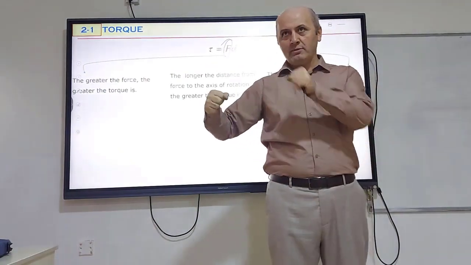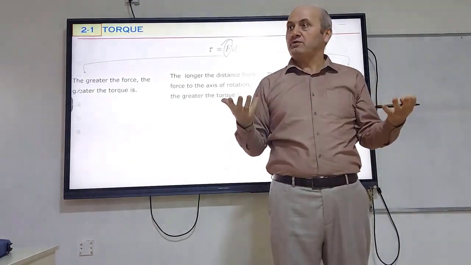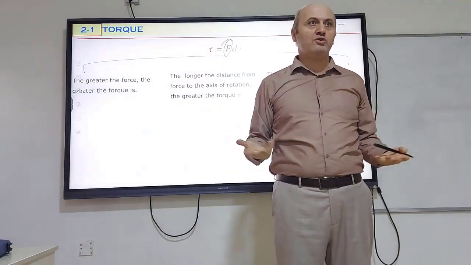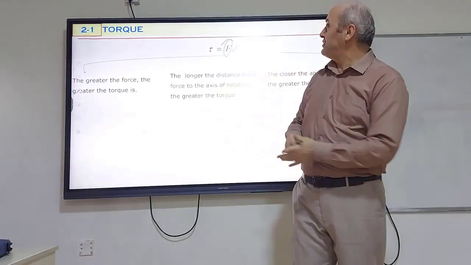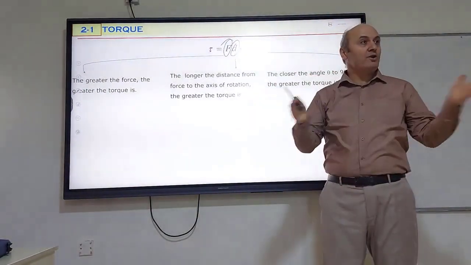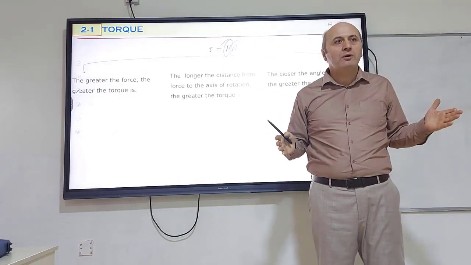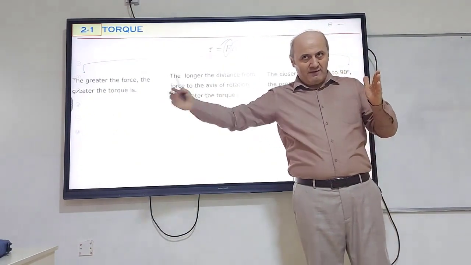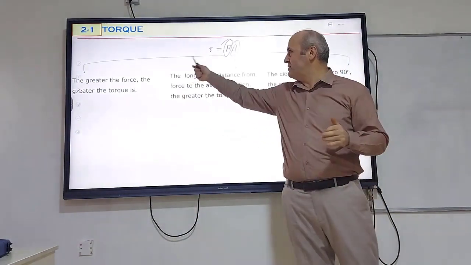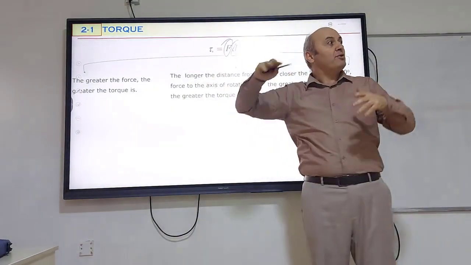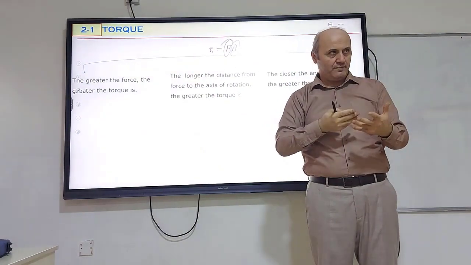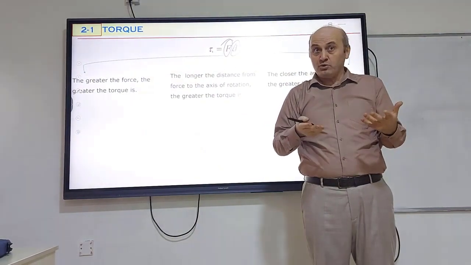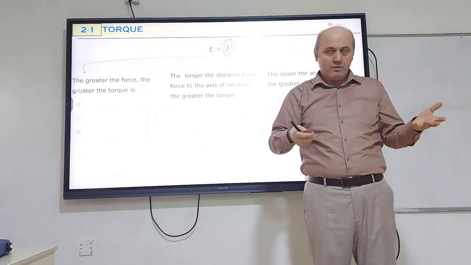So someone comes and tries, because his force is more, and more force produces greater torque. The second one is to make the distance longer. Why do we use a wrench? Because it has a long distance. When you make the distance longer, you can increase the torque, and then you can easily rotate the object. That's why we are using those simple machines.